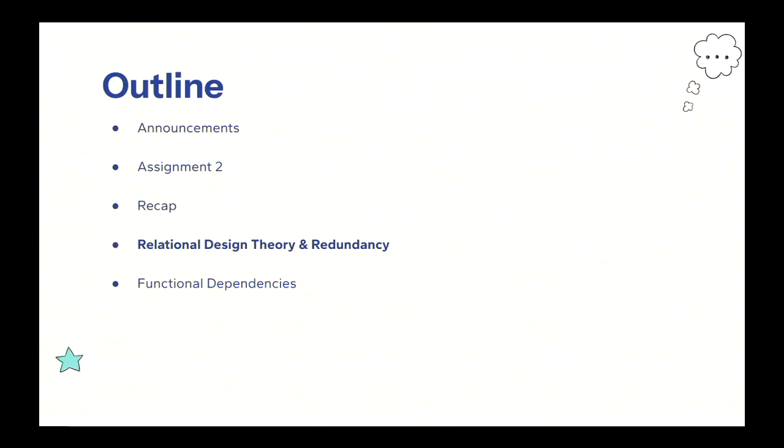So most of them are actually engineering related. And now let's touch some of the theoretical part. So what we will learn today are the redundancy in relational design and functional dependencies.